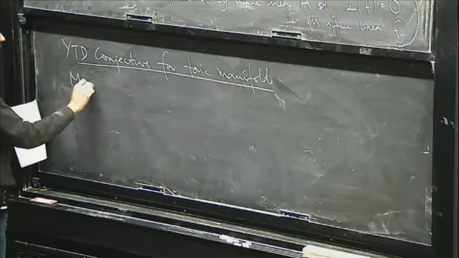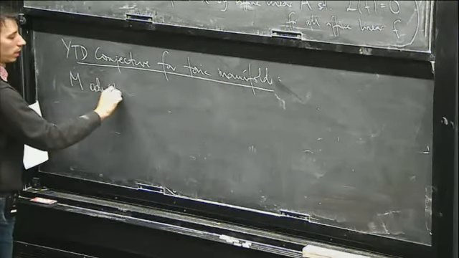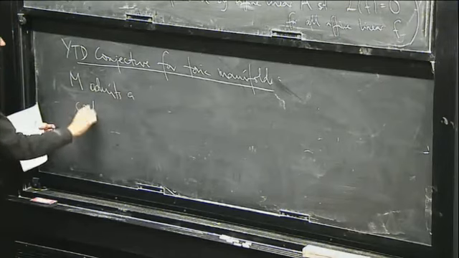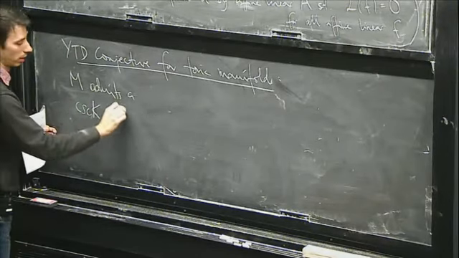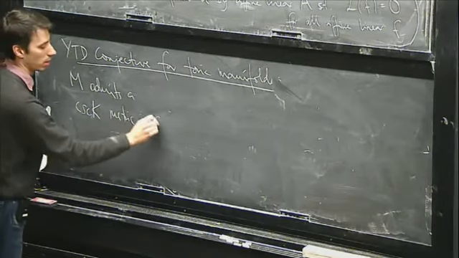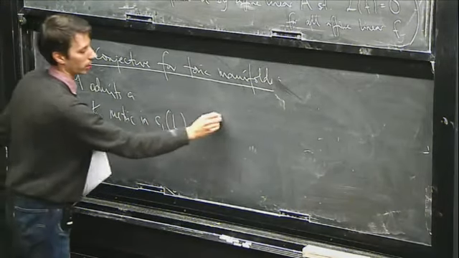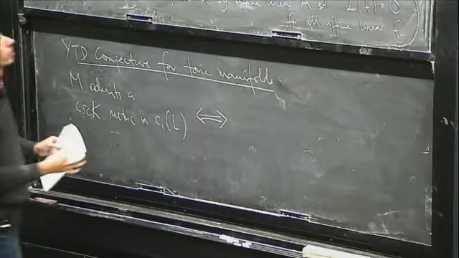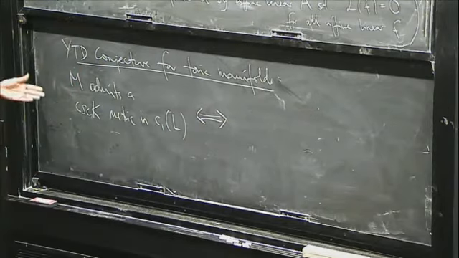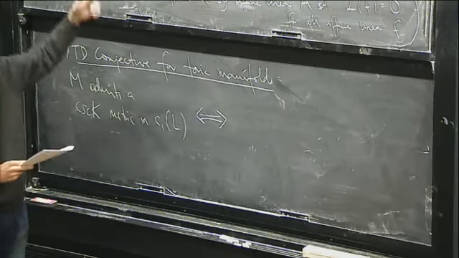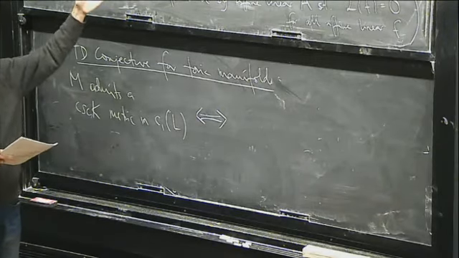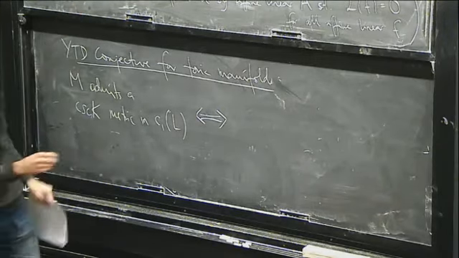So M admits a CSCK metric in this Kähler class if and only if it's K-stable, and in this case, the conjecture is that it's enough to check the test configurations that you obtain from this construction.